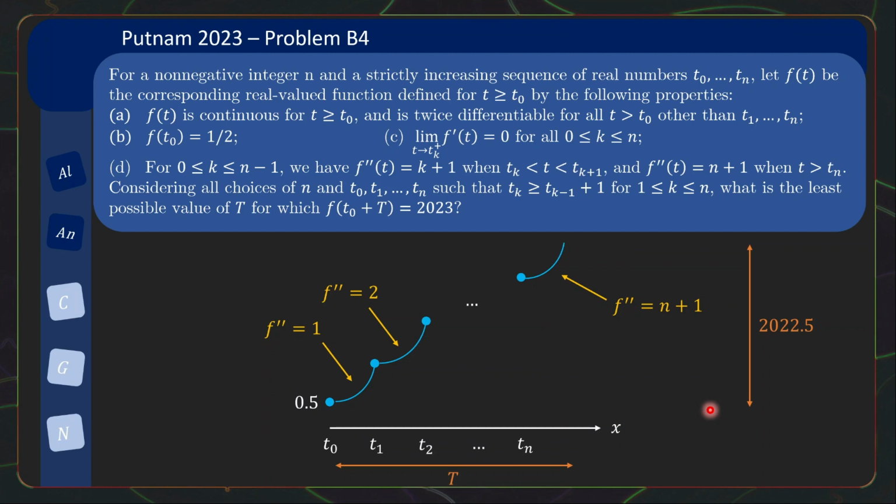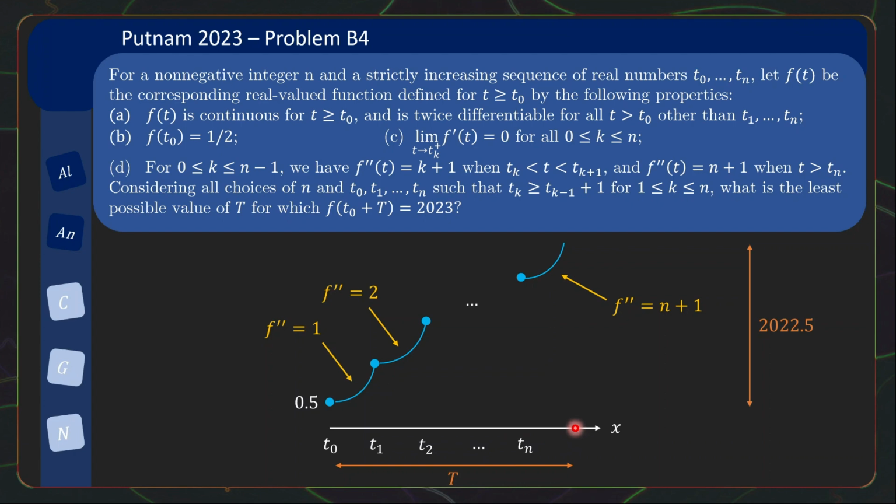Okay, let's now analyze the problem rigorously. But before that, I do want to make one very small technical point, which is that I'm going to assume that my value of t0 plus t is going to occur after tn.